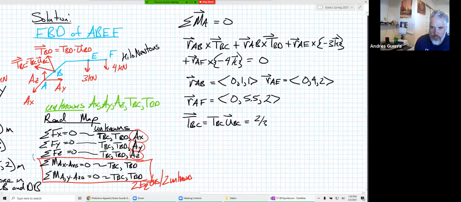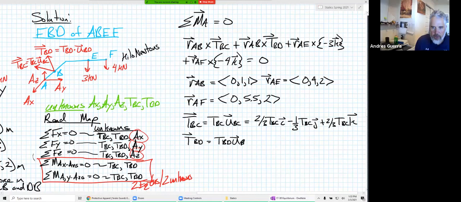It's a 2/3 TBC in the I minus a 1/3 TBC in the J and a plus 2/3 TBC in the K direction. We can do the same thing for TBD. It's the magnitude of BD times the unit vector from B to D. So I didn't show explicitly us finding the unit vector from B to C and B to D, but the components are there, right?